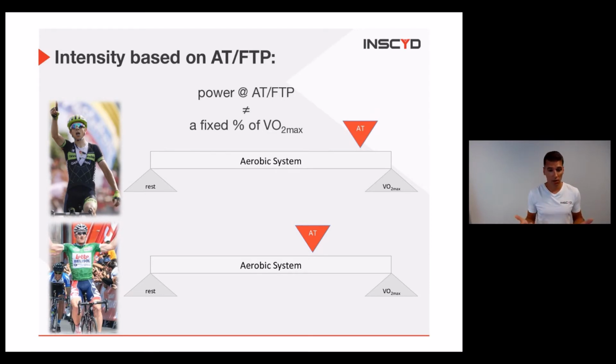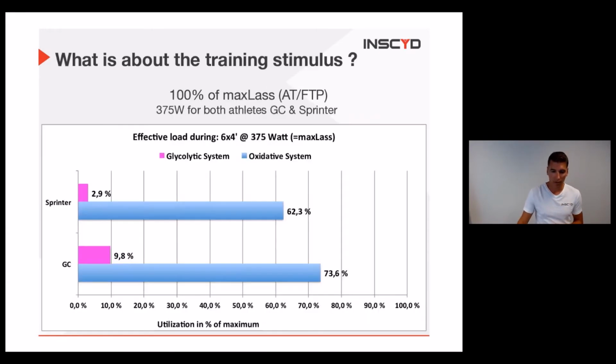So it's no rocket science to already see in this picture that if you set up a training based on percentage of anaerobic threshold, the training stimulus on VO2 max on the aerobic system, which is most likely what you want to train here in endurance sports, is different. Let me show you.